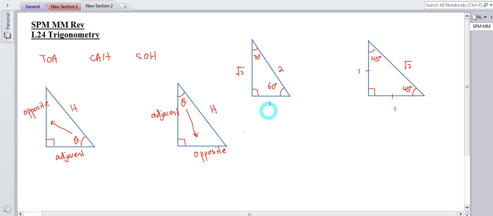Okay, for example, let's try tangent. If you want to find tangent 60, TOA, okay, I write here, I hope I still remember, TOA. So tangent is equal to opposite. So now we are looking for tangent for 60 degree. Opposite side will be here.